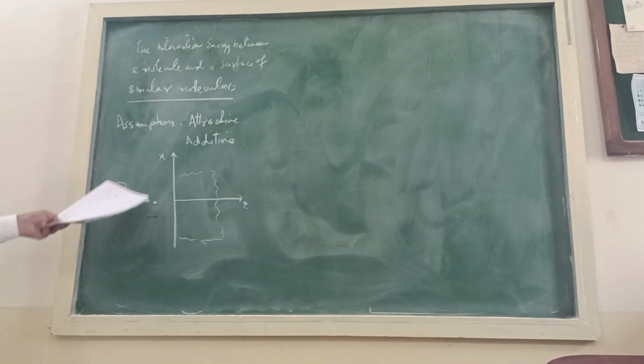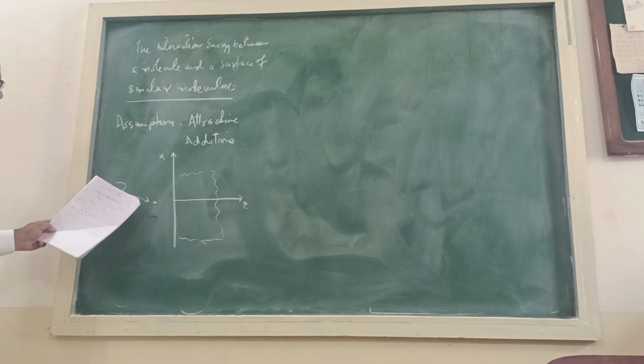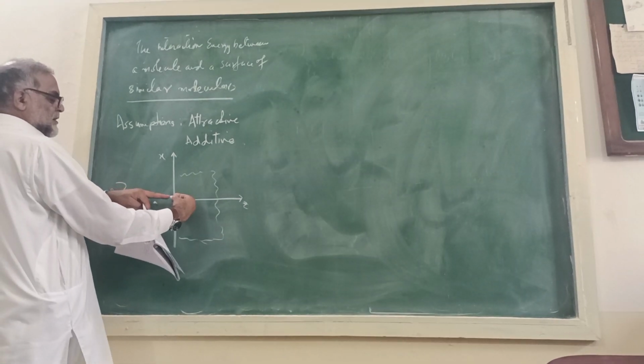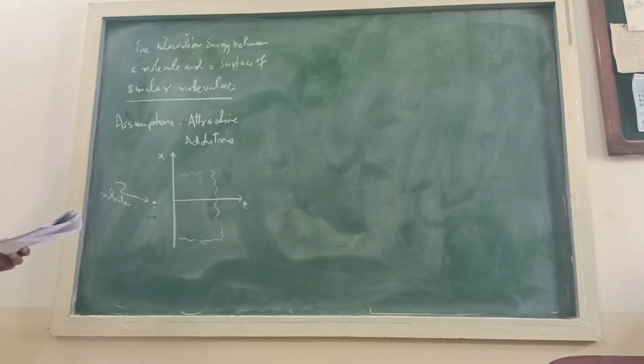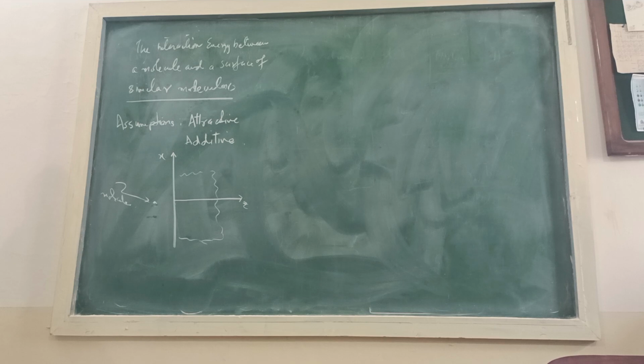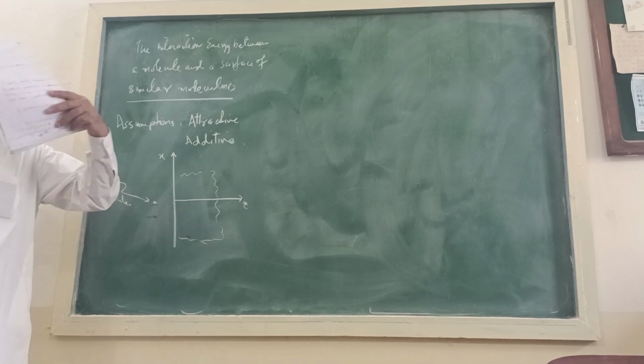Okay, so we want to find the interaction between this molecule and this whole surface. So we consider, for simplicity, a simple ring on the surface, and then integrate the interaction energy over that whole surface.